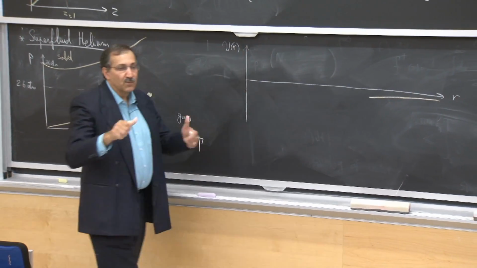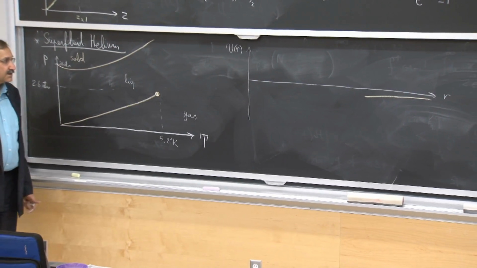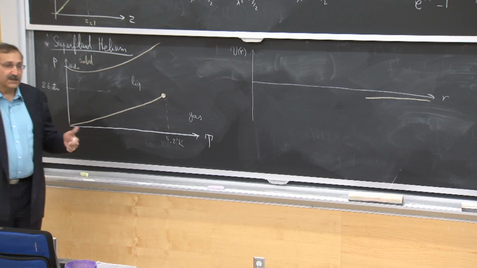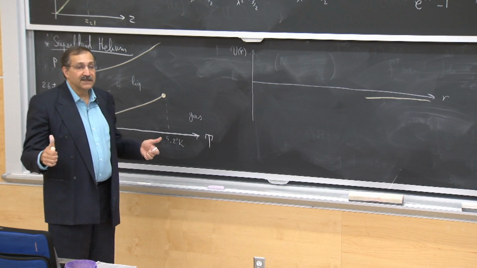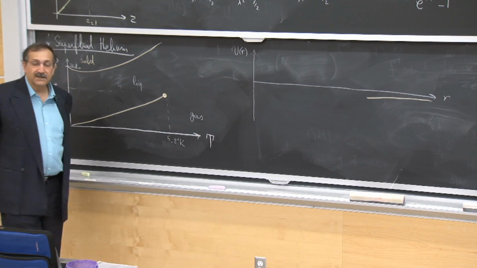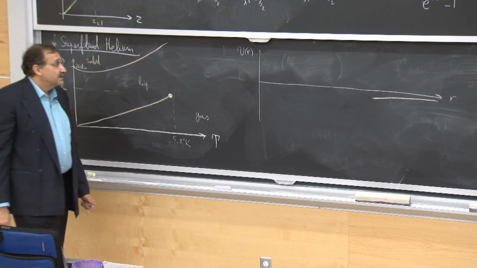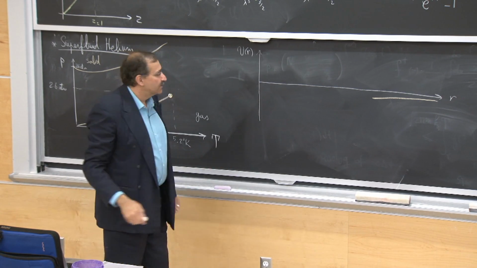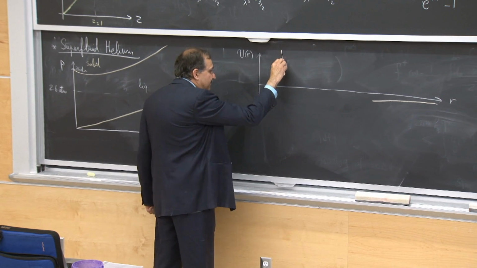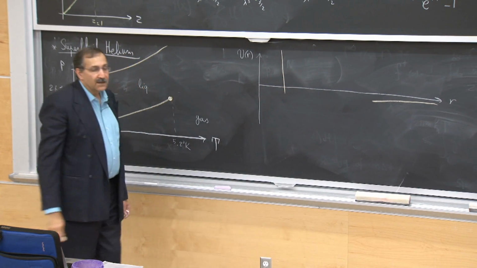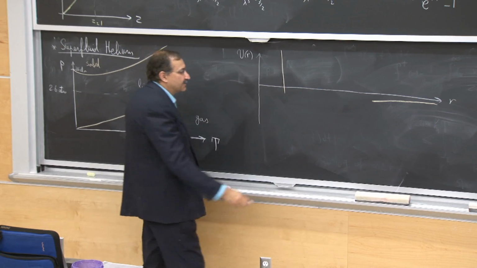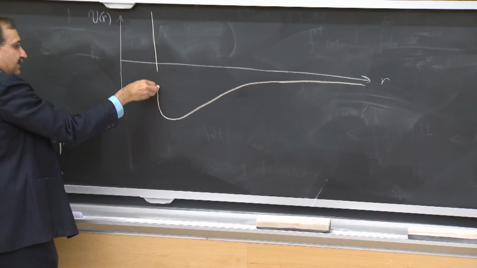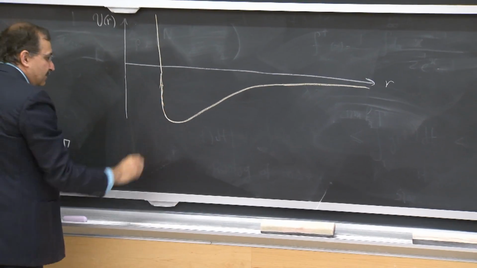Typically, the dipole moments of these atoms would be fluctuating, and the fluctuations would somehow align them temporarily in a manner that the energy can be reduced. At very short distances, the electronic clouds will overlap, and so you would have something such as this. And then typically you will have a function that joins them and looks something like this. Okay?